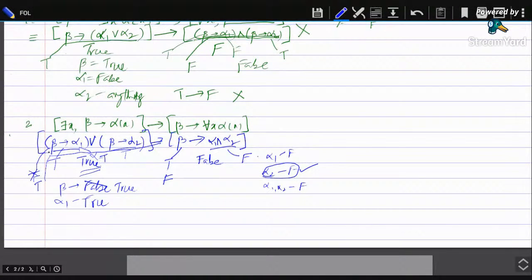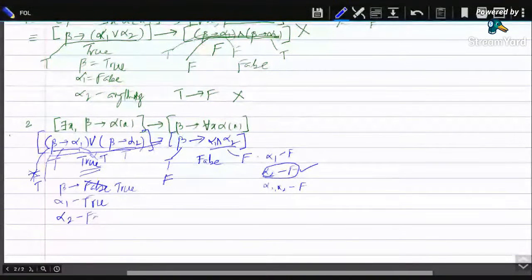We just forced it to be true and got alpha 1 as true. So beta is true. We want this to be false. So for this to be false, anyway, alpha 1 is forced to be true. Then make sure that alpha 2 is false. Yes, I can ensure alpha 2 to be false. Yes, this combination is possible.